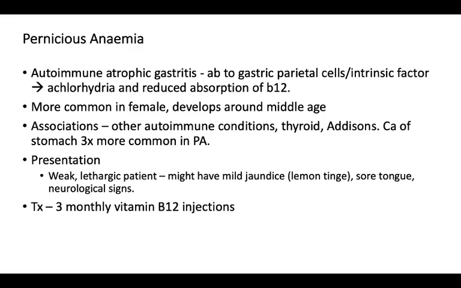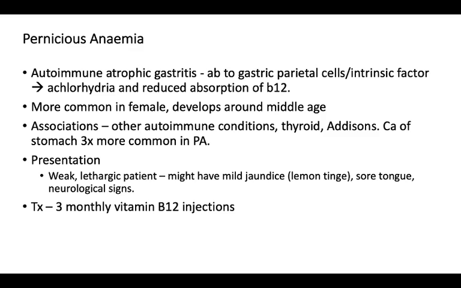It's more common in women, it develops around middle age, and it's the most common cause of a macrocytic anemia. Because it's autoimmune, it's associated with other autoimmune conditions such as Addison's and autoimmune thyroid conditions, and in patients with pernicious anemia, carcinoma of the stomach is 3 times more common.